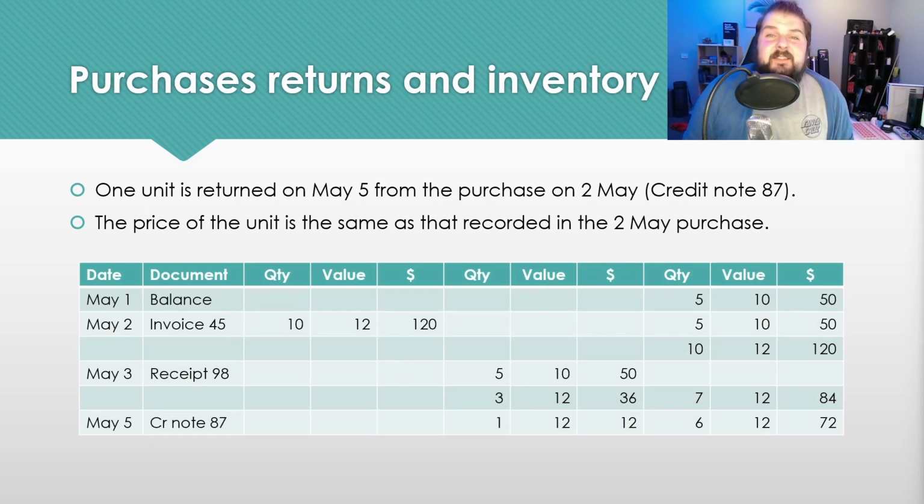Now, in some cases, this is going to be us. When we look at sales returns, we will be setting the price of this credit note, and that's set through our inventory card. But in the case of purchases returns, we just need to look for what they say it's going to be valued at and record that. So in this case, we can see that we've got a credit note and they have issued it to us for $12. So that's all we record, nothing more.